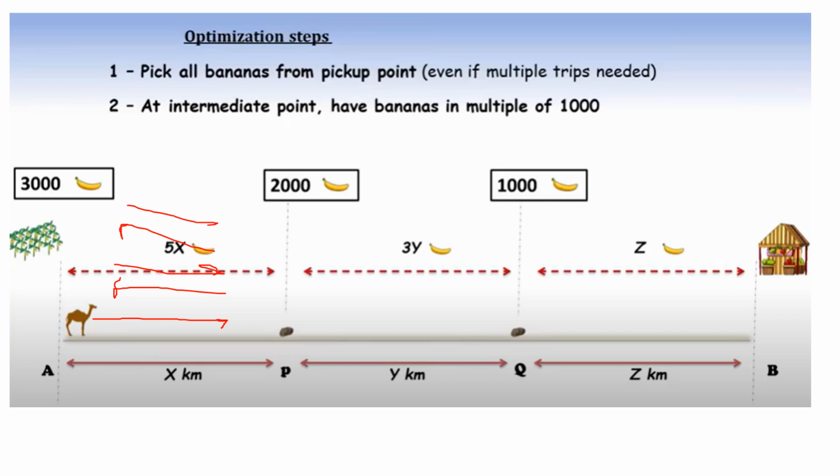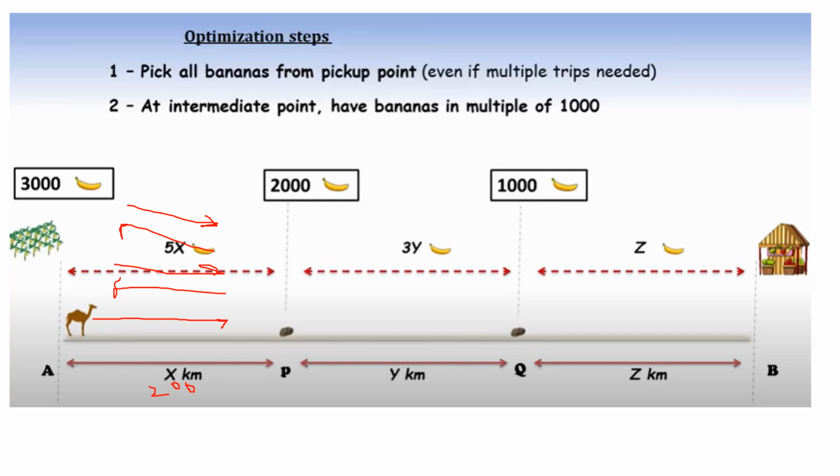There are 5x times it's traveling and it eats 5x bananas also. So here 3000 minus 5x is equal to 2000. So 5x is equal to 1000. We get the x value equal to 200. Simple formula.